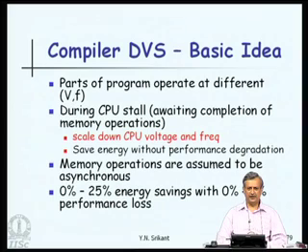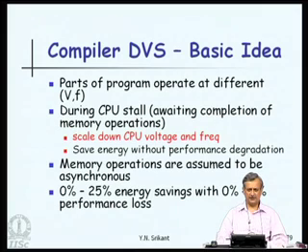So, inside the compiler, how do we incorporate a dynamic voltage scaling technique? The basic idea is to make different parts of the program operate at different voltage frequency pairs. During a CPU stall, that is when memory operations are happening and the result of the memory operation is required for the next instruction to execute, the CPU is doing nothing.